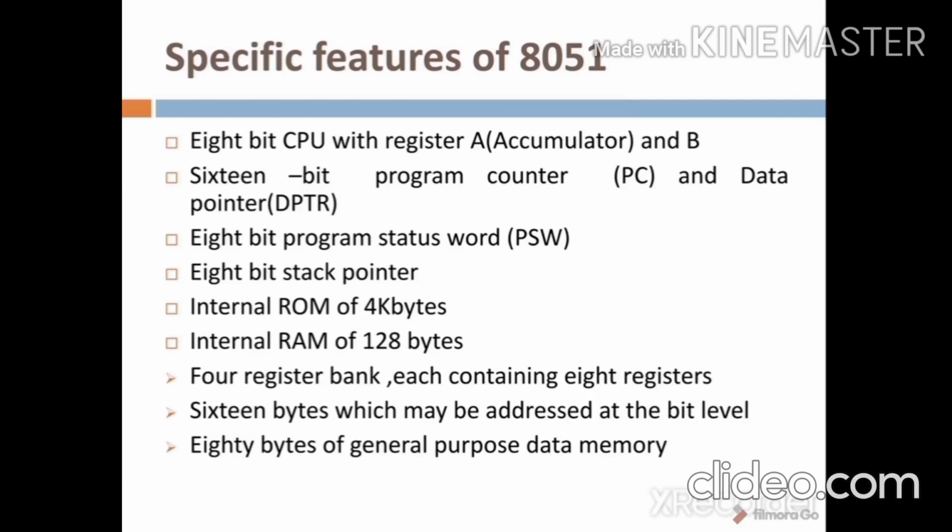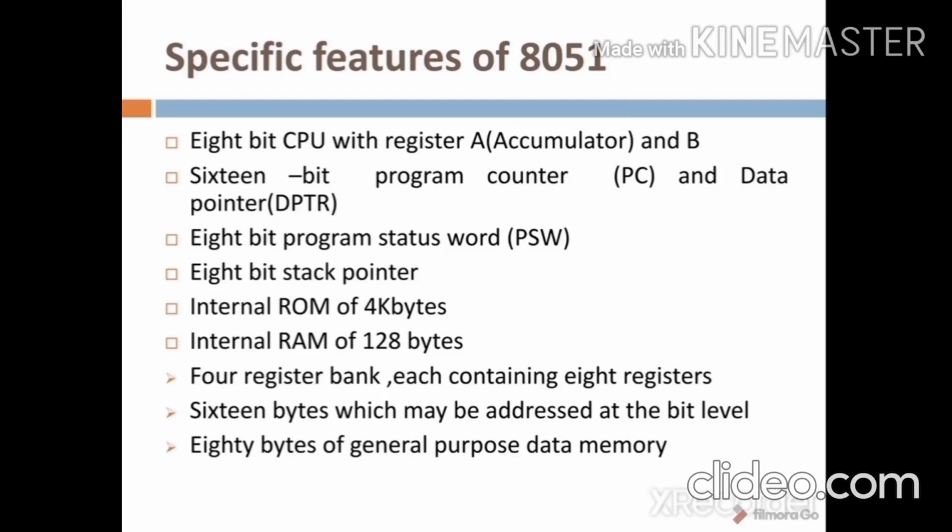That means two 16-bit registers, program counter and data pointer. It also contains an 8-bit program status word, PSW, an 8-bit stack pointer, then internal ROM of 4 kilobytes, and internal RAM of 128 bytes.